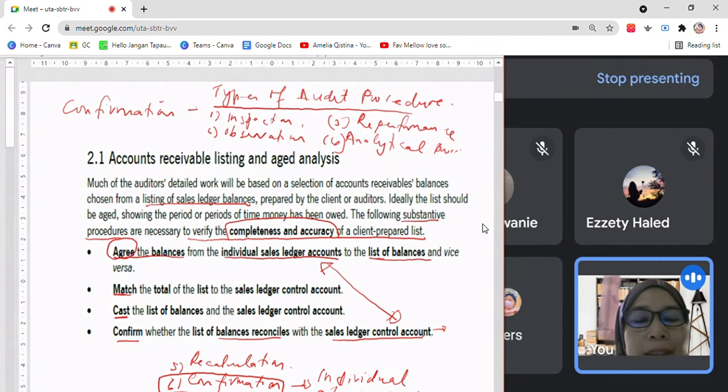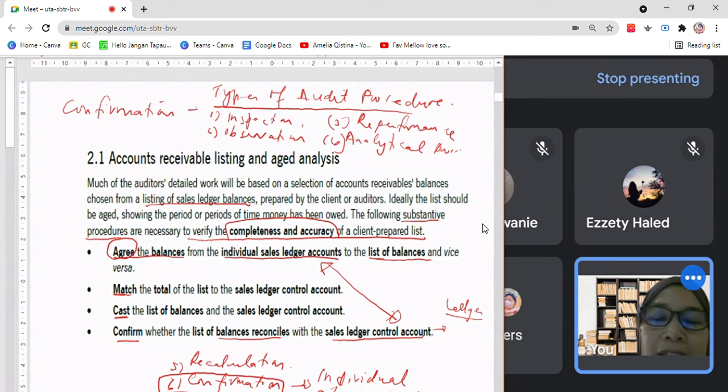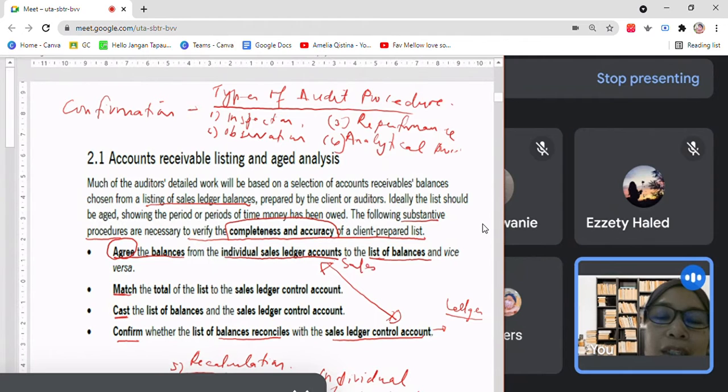In what type of ledger? Where will you see the individual sales ledger account? Okay, this one is in the sales ledger. This one is in the general ledger.